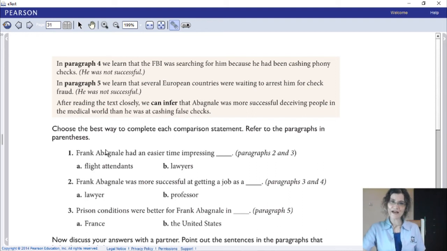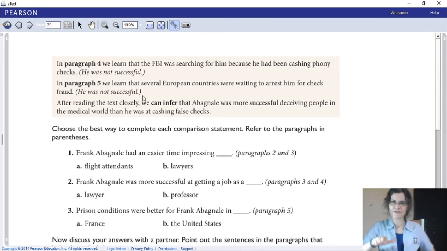In paragraph 5, we learned that several European countries were waiting to arrest him for check fraud. He was not successful. So after reading the text closely, we can infer that Abagnale was more successful deceiving people in the medical world than he was successful at cashing false checks. Correct? And that is how we compare.